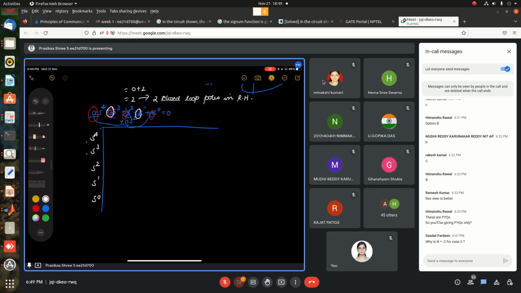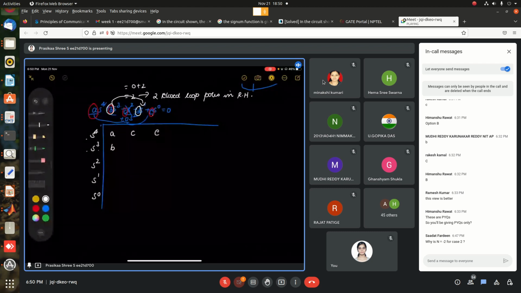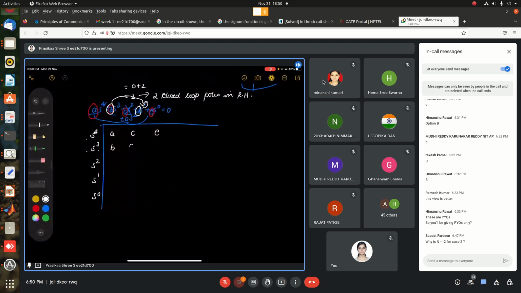For s power 4, the coefficient is A. The alternate even degree coefficients should be written here: s square, C, and s power 0, E. Similarly, for s cube, the highest odd degree is 3, so the coefficient corresponding to s cube is B. Then the immediate alternate position is s power 1, also an odd degree, so this is D. And here there's nothing.